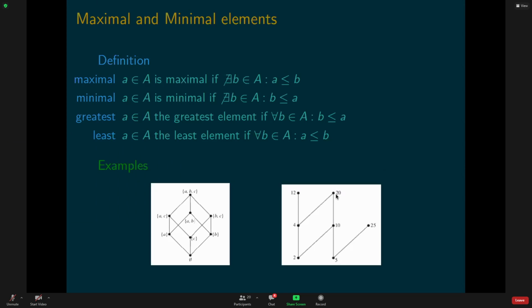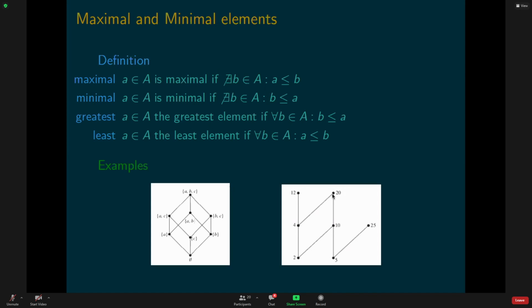For example, is 20 maximal? Yes. Is it greatest? No. Why? Because it doesn't have connection with all elements.